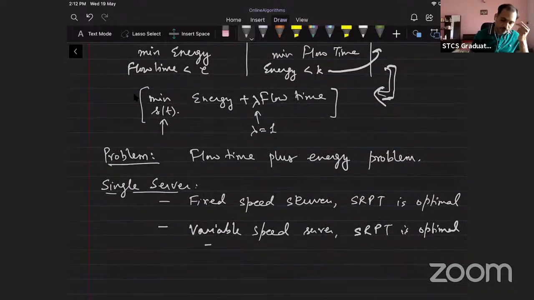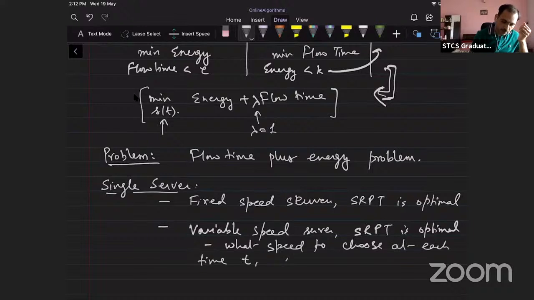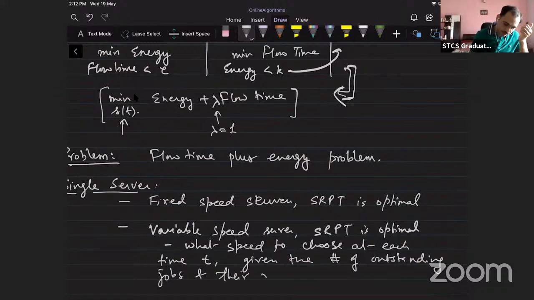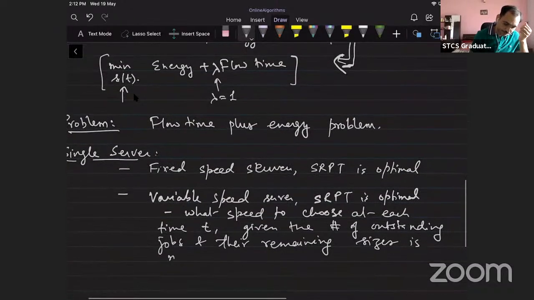What speed to choose at each time t, given the state of the system, given the number of outstanding jobs and their remaining sizes, is not obvious.